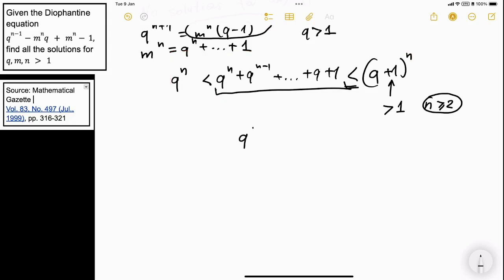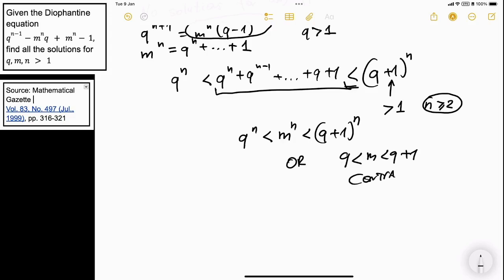So q^n is less than m^n, which is less than (q plus 1)^n, which means q is less than m, which is less than q plus 1. Contradiction, because q and m are integers, and that concludes the problem.